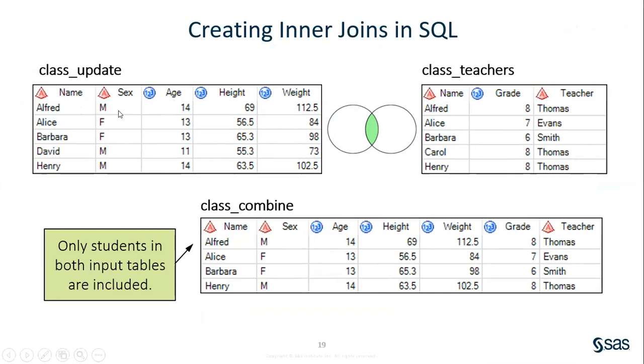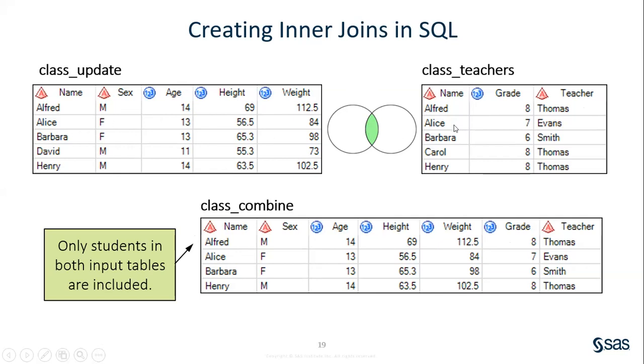So only this matching row is selected, creating a single row with information coming from both tables. Sex, age, height, weight come from update, whereas grade and teacher come from class teacher. So you get a single row by combining these two tables on the matching column.